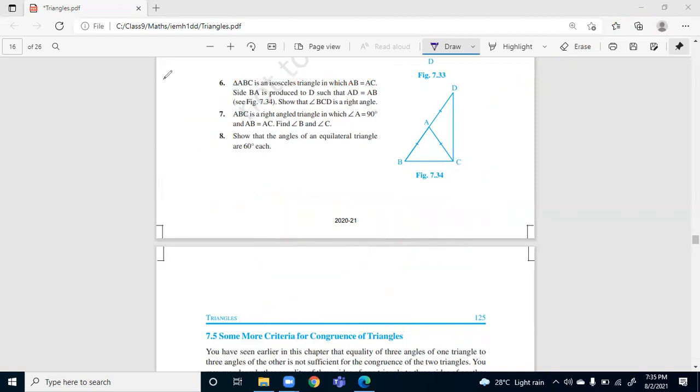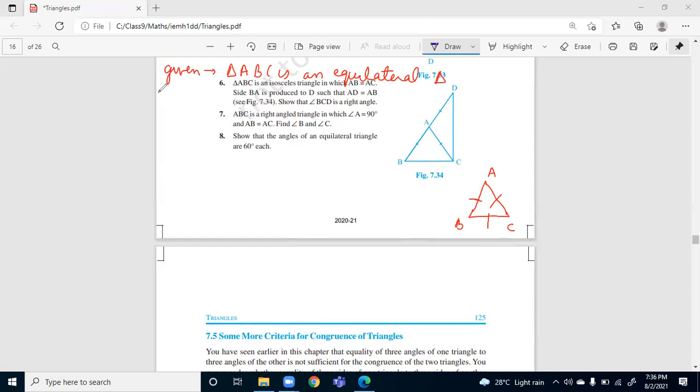So question number 8, show that all angles of an equilateral triangle are 60 degree each. I am making a diagram, as the diagram is not given in the question. So I am making an equilateral triangle, and equilateral triangle means all sides are equal. So I can write, given: triangle ABC is an equilateral triangle.